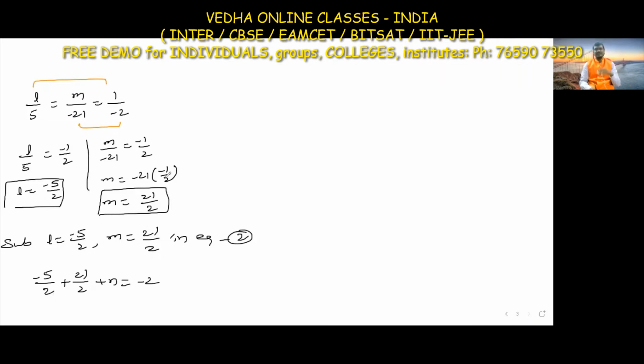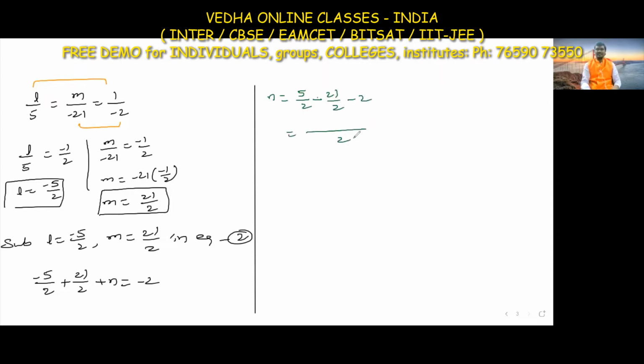Send these two terms to right side. Then what we get? N is equals to minus 2 as it is, and minus 5 by 2 I am taking to right side, then it becomes plus 5 by 2 and minus 21 by 2 and minus 2 as it is.